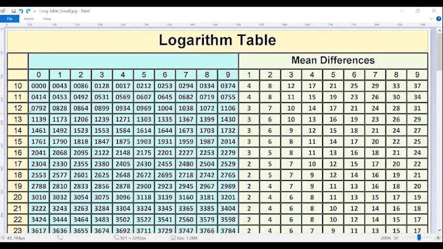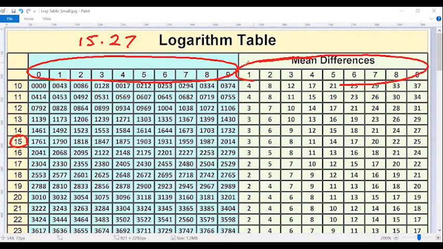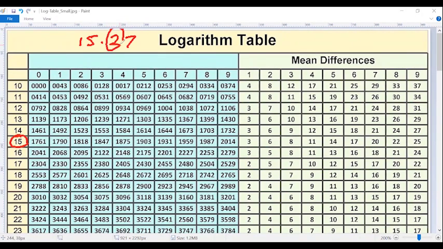So 15 I talked about, and I have to find the log of 15.27. First I will move to 15. Then there are 2 sets of columns, 9 columns here, and then mean difference columns, 9 columns here. So 2 sets, and I will consider them one by one. First, I will go to column 2 and read in the same row.